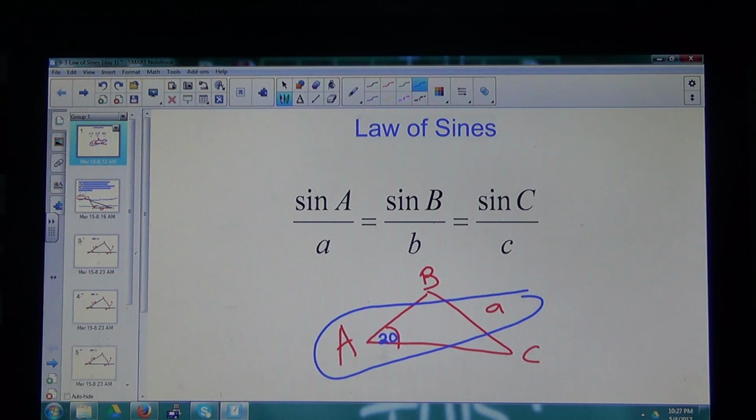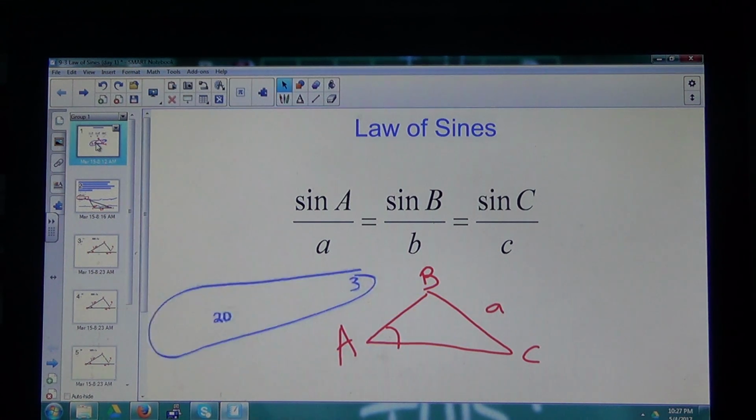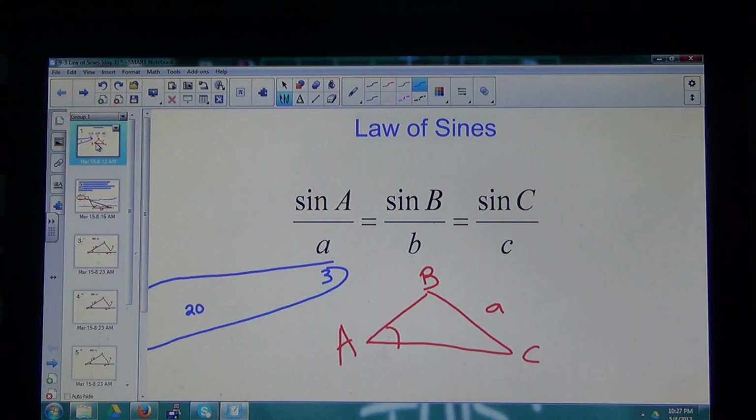Like if this is a 20 and this was a 3, those are the sides I would use. Let's say I didn't have that. Let's say this was a 5 and this was 70 degrees. Do you see how these would be my two sides? This side's little c, this angle's capital C. They are opposite of each other, and I know both of the values: the value here is 5, the value here is 70.